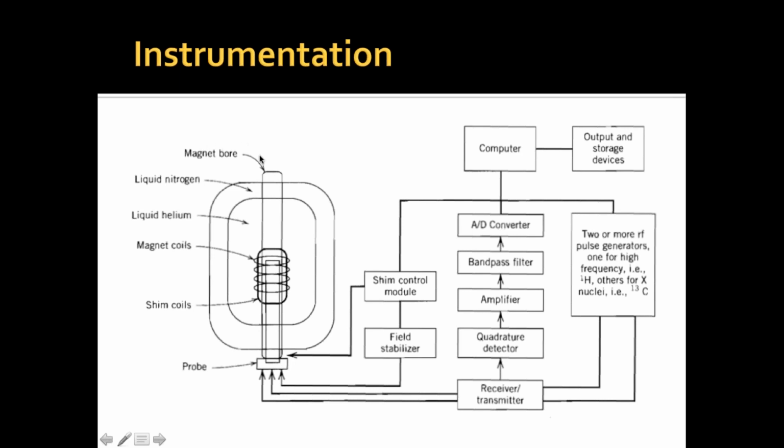All right, so you have the magnet bore, you put the sample inside the magnet bore, fine, and you have the probe under that. Now what happens? Your sample will come under the influence of these magnetic coils and the shimming coils. Why?